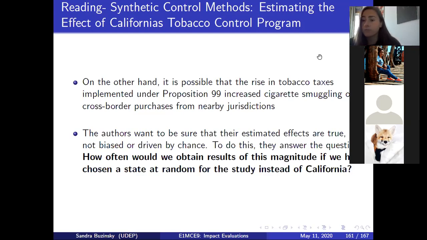What they would expect to see is no significant effect on smoking, because those states had no policy. This is a placebo test to make sure that the methodology is working well and that it's reporting a true causal effect for California when there is one, and not just for any state randomly, at luck.